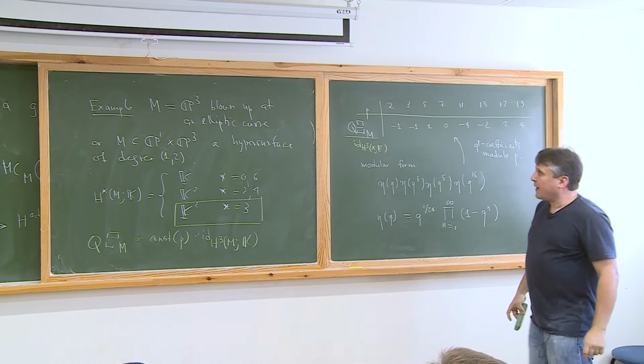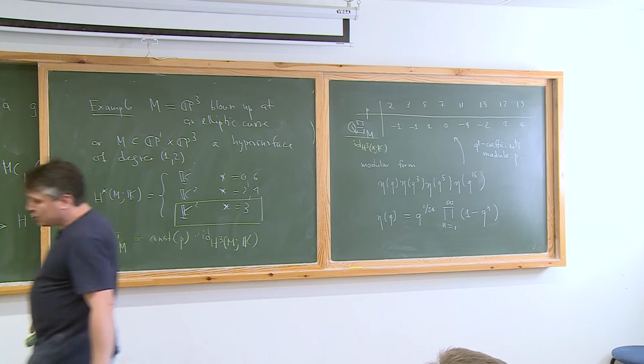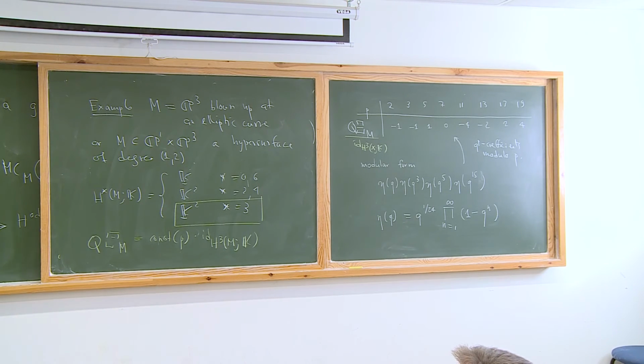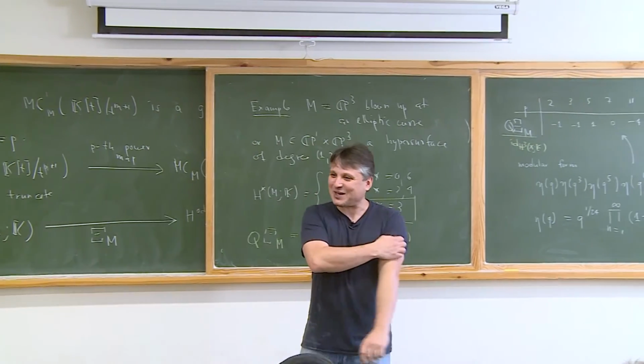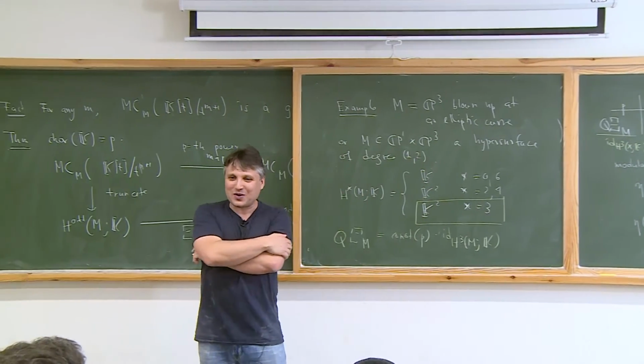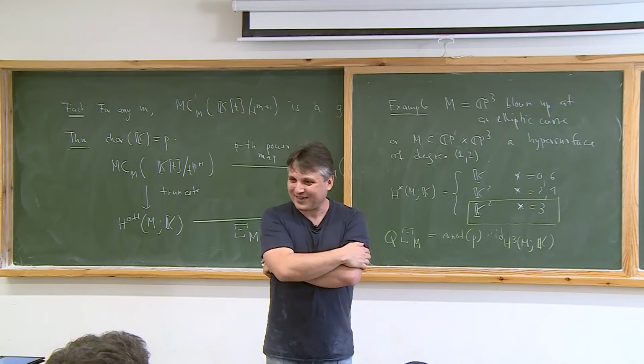And I say, Björn, there should be an elliptic curve here, but I don't know which one. And he tells me that there is a database of elliptic curves and modular forms, where I can look up which elliptic curve I am.